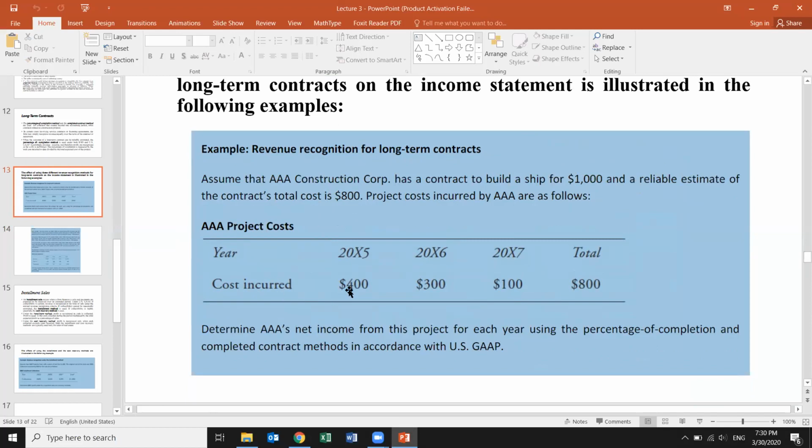They distribute their cost this way: 400, 300, 100, and 800 in total, like how much cost they incur each year to produce that ship. We use two methods here to calculate. One is percentage of completion. The other one is the completed contract method. So our job is to find the income statement. To find it, we need to construct the income component of the income statement. Which are here.